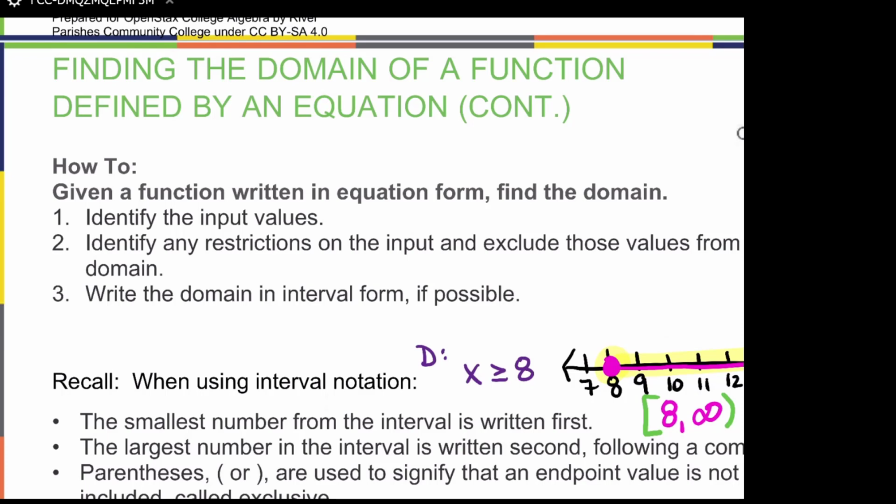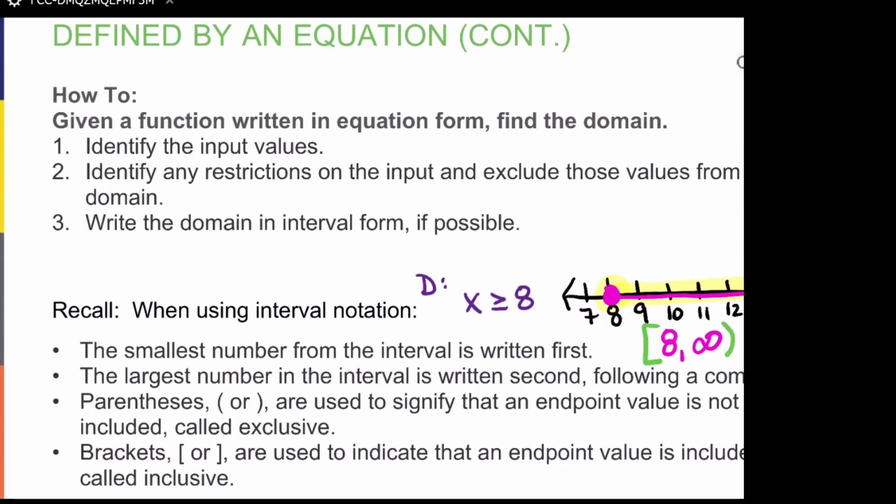The point is, we identify those input values and which values cannot be inputted. And then once we do that, we identify any restrictions on the input and exclude those values.